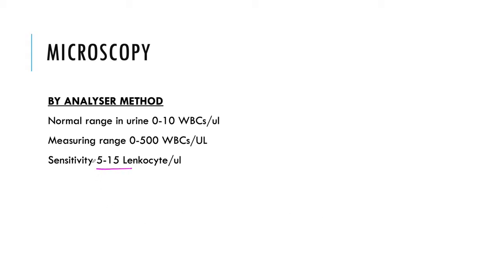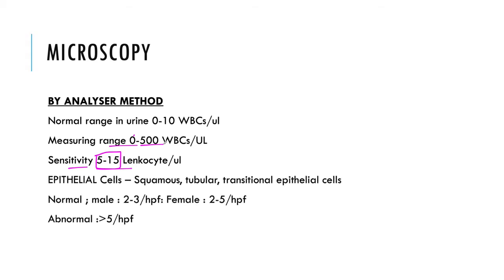That means if the leukocyte count is more than 15, it is the sensitive condition, and the measuring range can be as low as 0 and as high as 500.